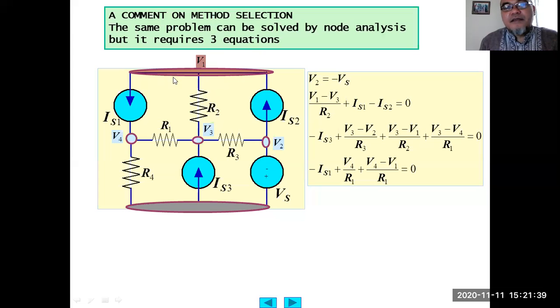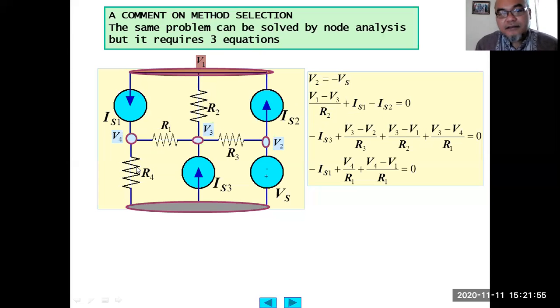Then from this node, (V1 minus V3) divided by R2 equals plus IS1 minus IS2. This is from the perspective of current going out from the node.